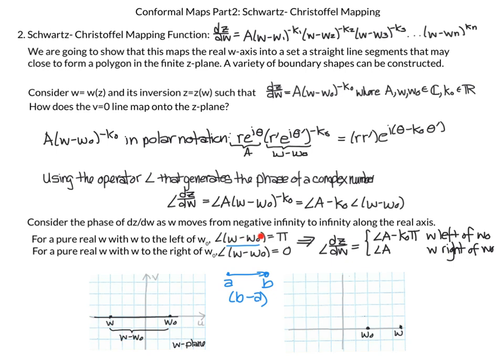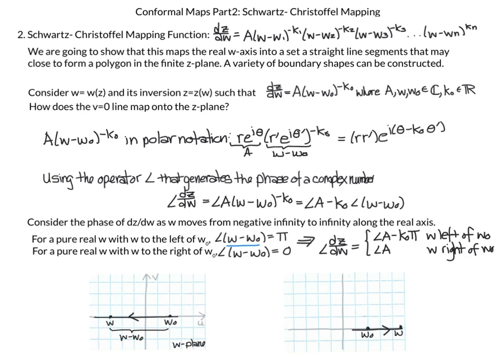So here, when we have w minus w naught, if w is to the left of w naught, as in this case, then w naught is our starting point, so the direction of w minus w naught goes to the left. Whereas over here, if w is to the right of w naught, our vector representing w minus w naught goes in the direction of positive infinity.